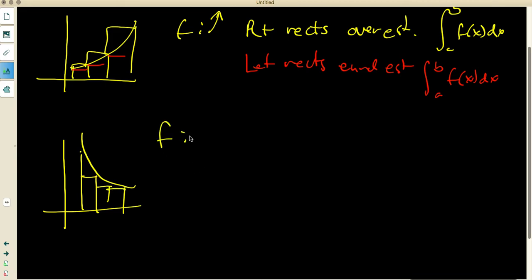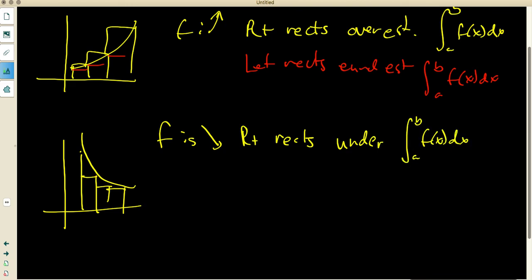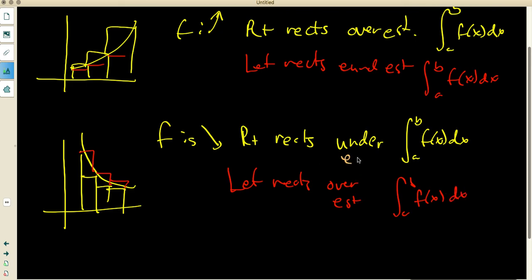So if f is decreasing, the right rectangles underestimate the integral. And when I draw the left rectangles, they are going to overestimate the area. And that is how I can easily figure out questions that are asking me whether something is overestimating or underestimating the area.